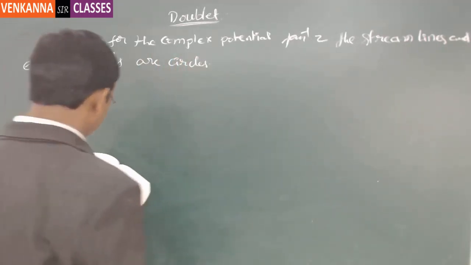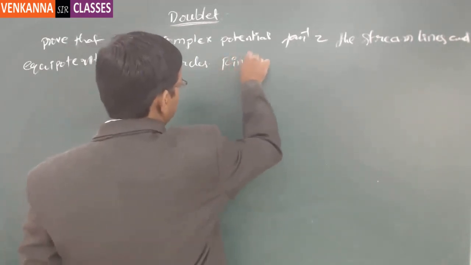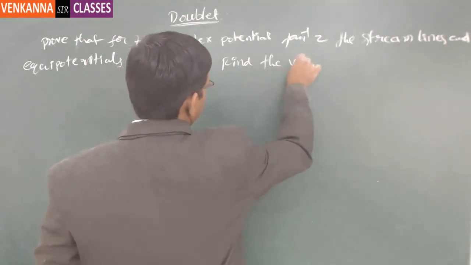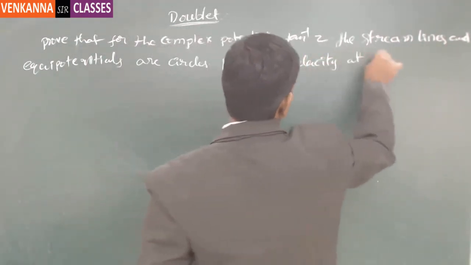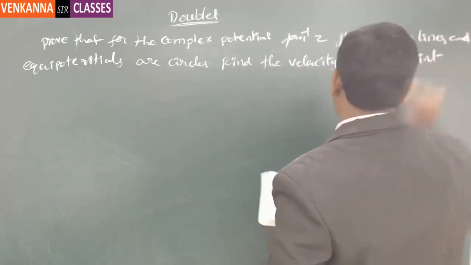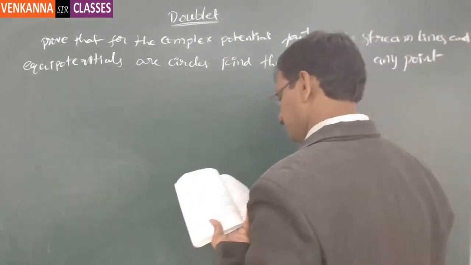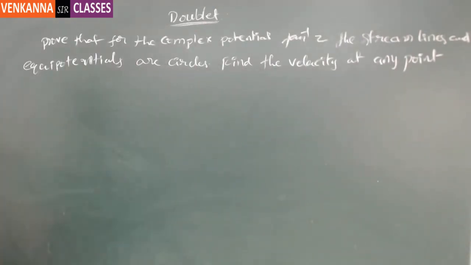Find the velocity at any point and examine the singularities at Z is equal to plus or minus i.